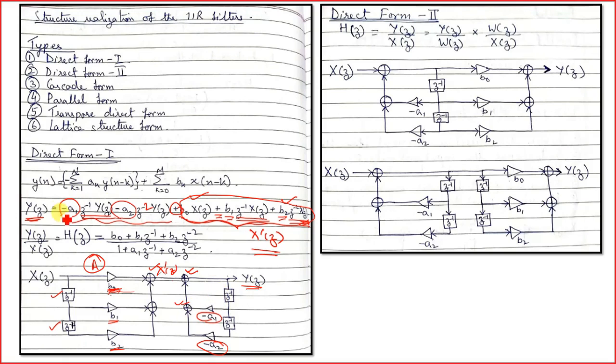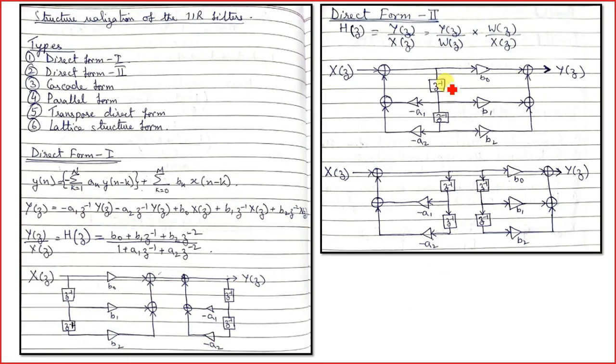So this is how things are getting implemented. Over there you then get the addition of all these components, you get Y of Z. So this is the direct form 1 realization.